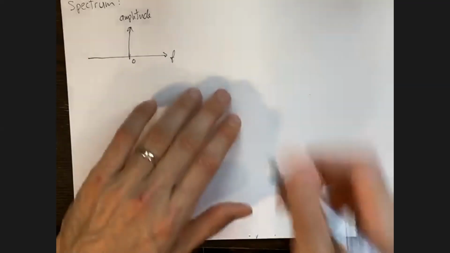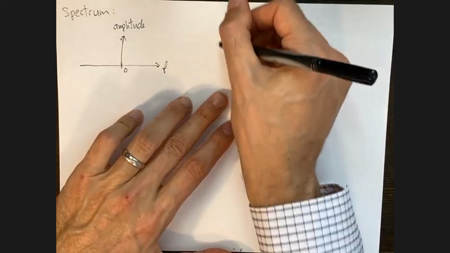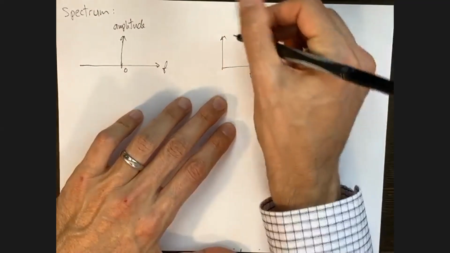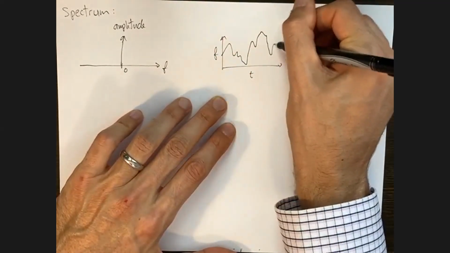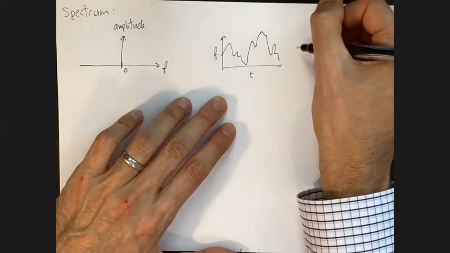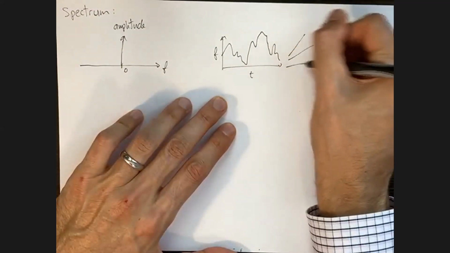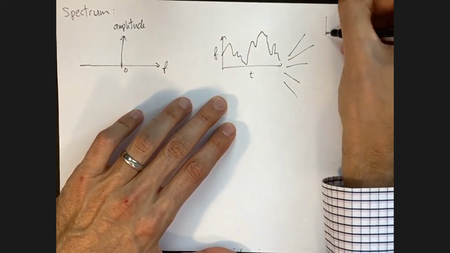If we assume a signal in the temporal domain, f of t, which is a real signal, then we compute the different sine waves that the signal can be decomposed into.